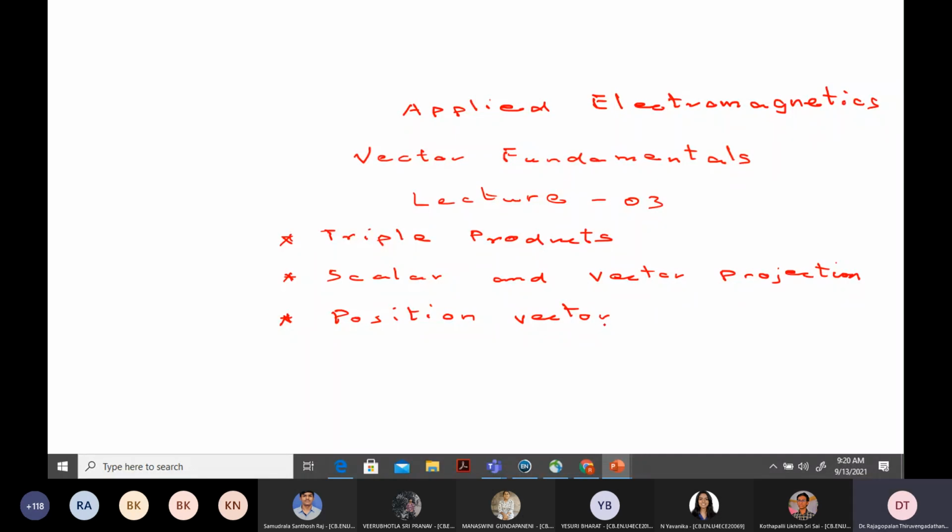And with respect to an origin or a reference point, we will have to define what is called the position vector. And then we want to find the field at another point in space due to the presence of the source. So that point is referred to as the field point, or the test point. So we have a source point, we have a field point.